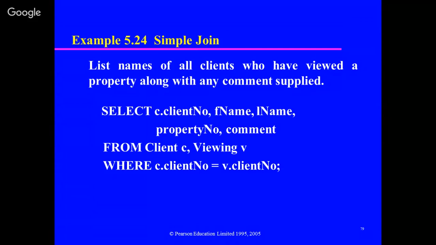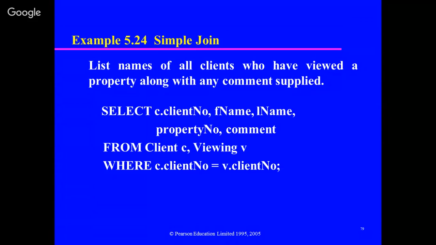The attributes are client number, first name, last name, property number, and comments. The client table C contains all the information about the clients, and viewing is another table which contains the comments of the clients on those different properties. So this is a two-table query.